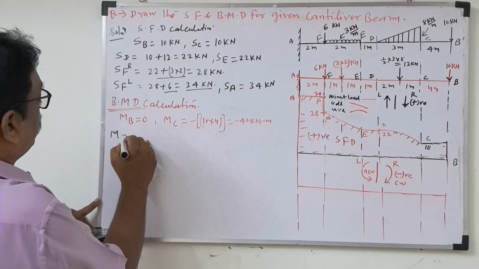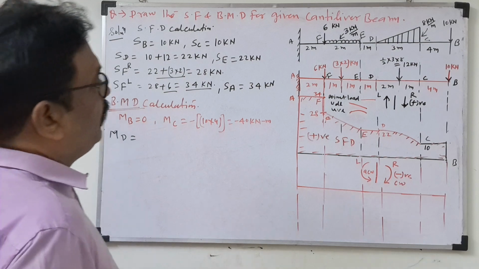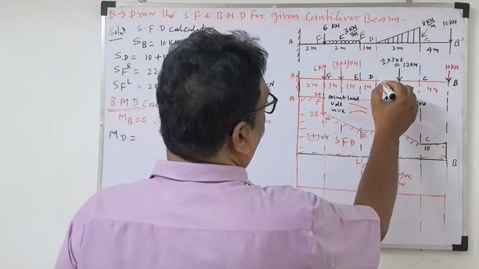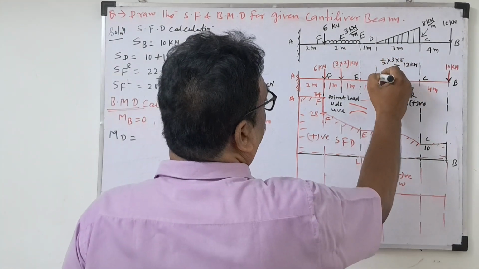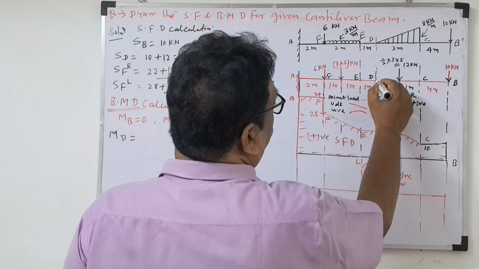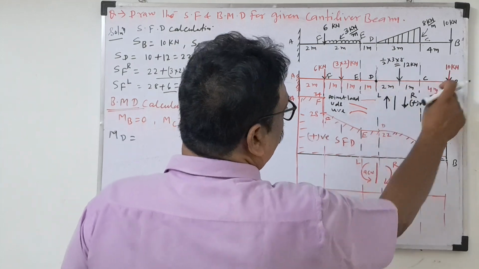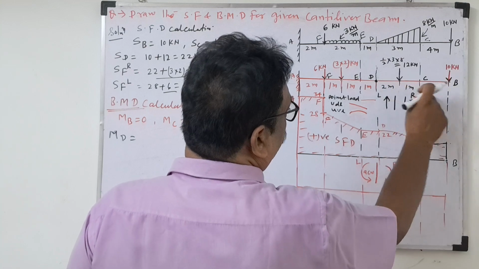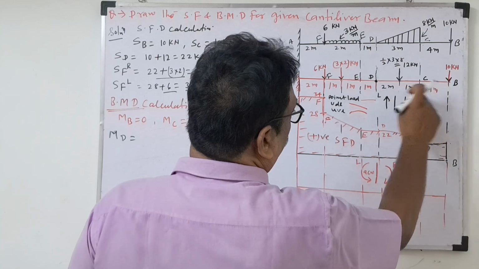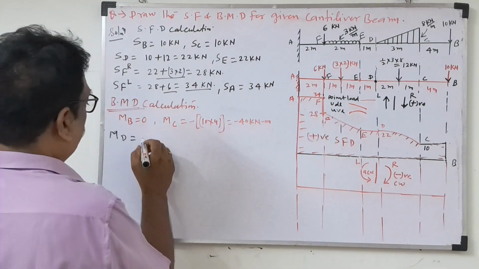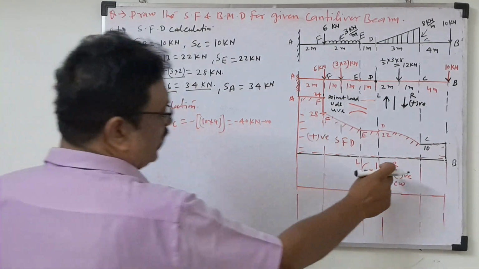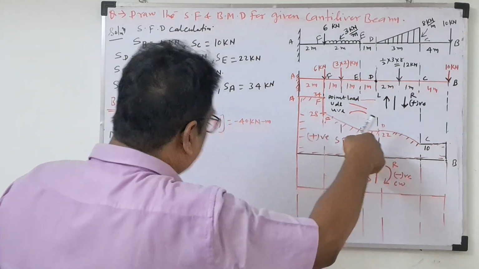Now MD. Point D. Look here. With point D, this load diagram will be helpful. So 10 into 4 plus 3, 7. First minus, due to the sign convention, left side clockwise is minus.